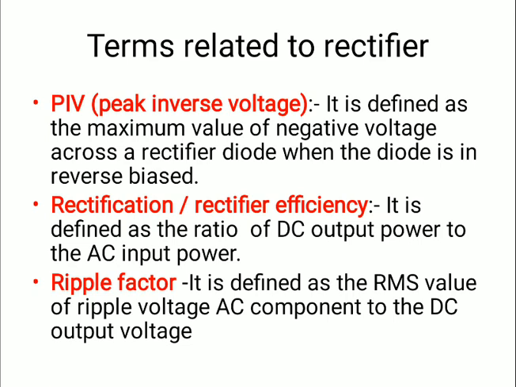If one rectifier converts AC into pulsating DC better than a second rectifier, it means the first rectifier has a better ripple factor than the second one. So all these are the important terms related to the rectifier.